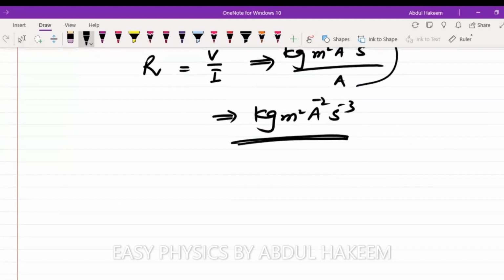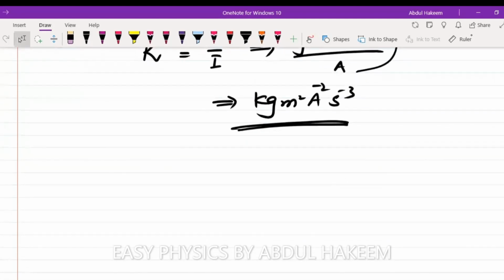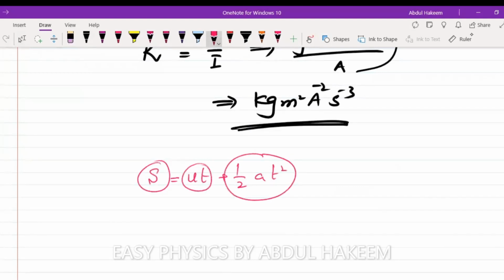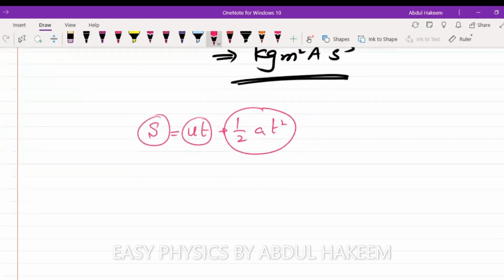And the next, the uses of the base unit. Base units are used in checking the homogeneity of the equation. For example, the equation is S is equal to UT plus 1 by 2 AT square. So this has 3 terms. If each term of the equation has the same unit, then it's homogeneous.